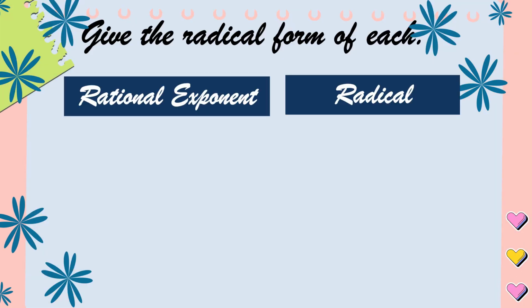So let's have some examples. Give the radical form of each expression with rational exponent. Say for example, x raised to 3 over 5. So the base here is x. We have the numerator 3 and the denominator 5. So in radical form, x raised to 3 over 5 is 5th root of x raised to 3.